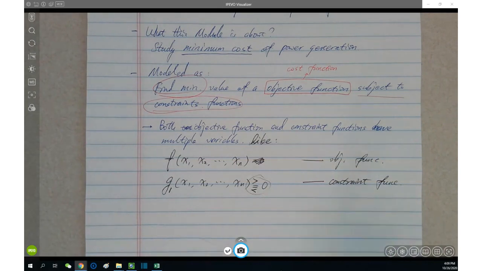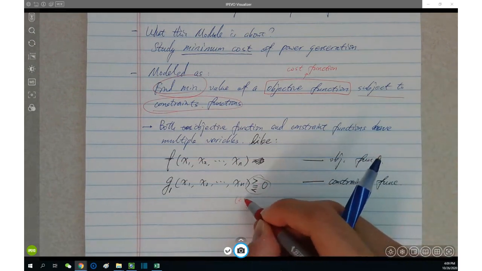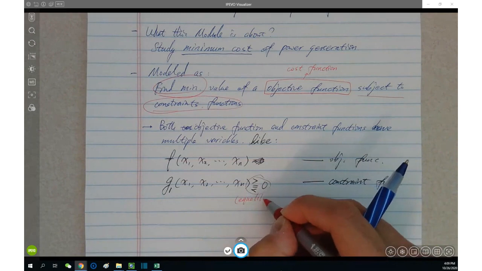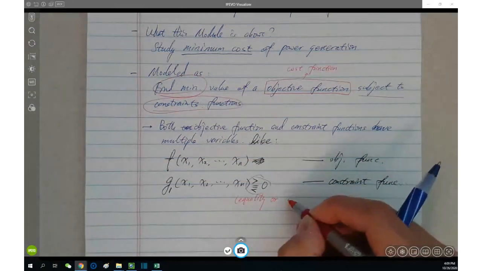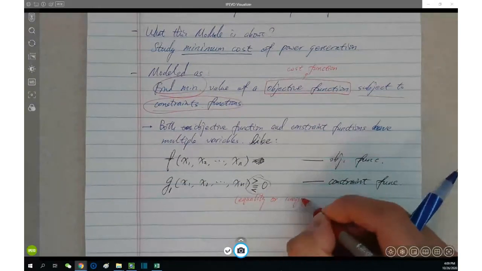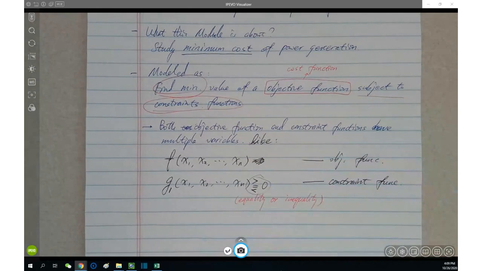Of course, by writing in this way, it might be equality constraints or inequality constraints, right?